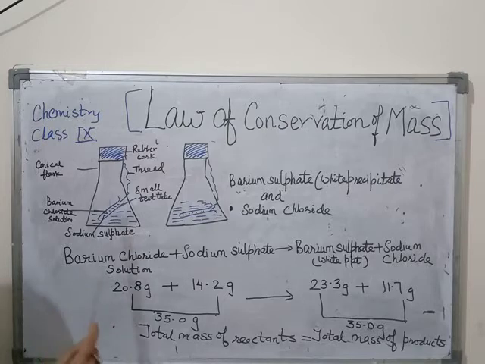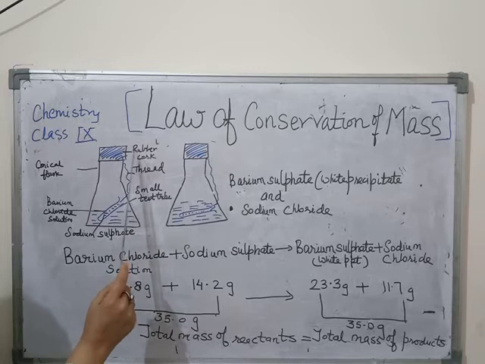Weigh this apparatus to get the initial mass of the apparatus. Then, second step, take a barium chloride solution in a conical flask. Take sodium sulfate in a small test tube having a thread tied to the mouth of the conical flask, and fix the rubber cork so that the thread holds firmly.